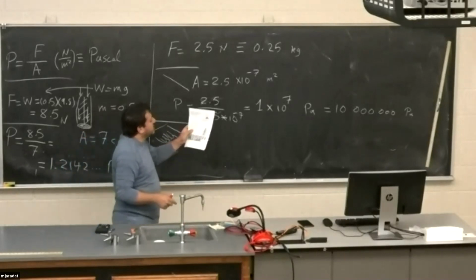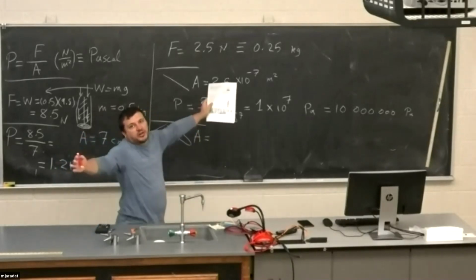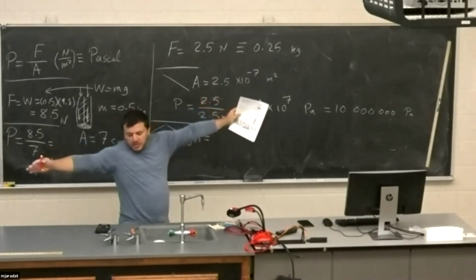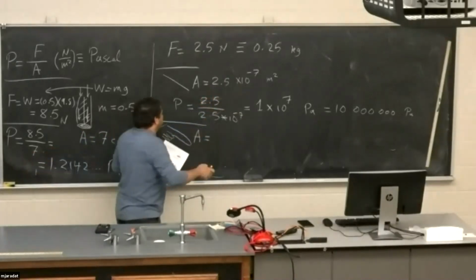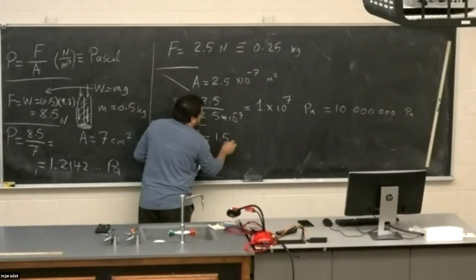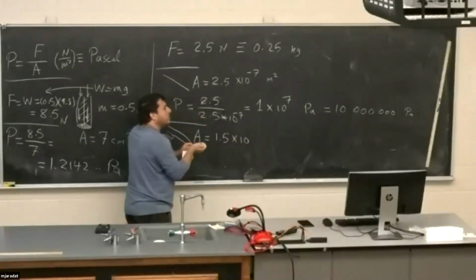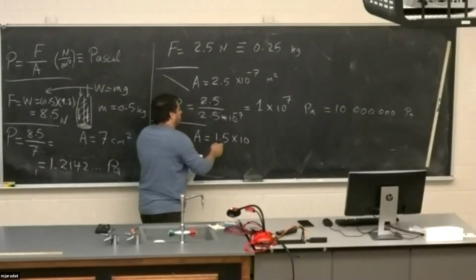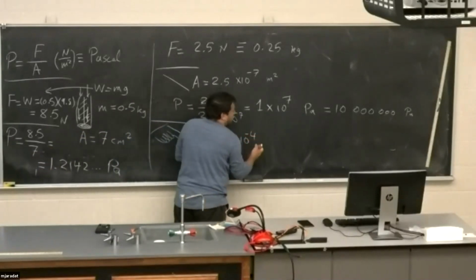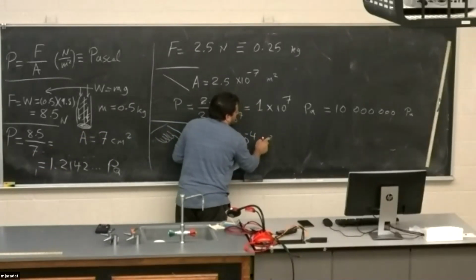The area of this finger is not 1.5 meter squared. No, it is 1.5 multiplied by 10 to minus 4. Yes. Just 1 centimeter squared.